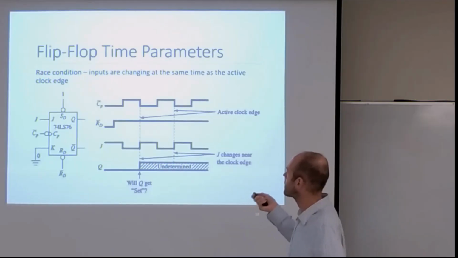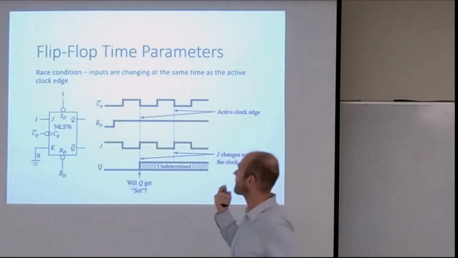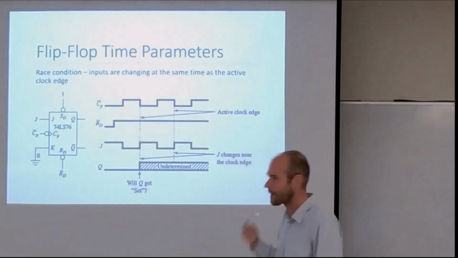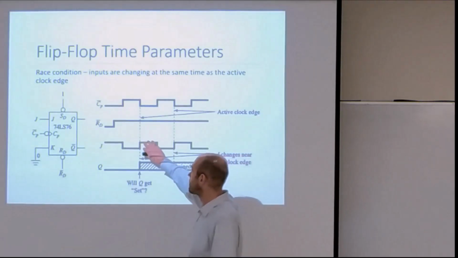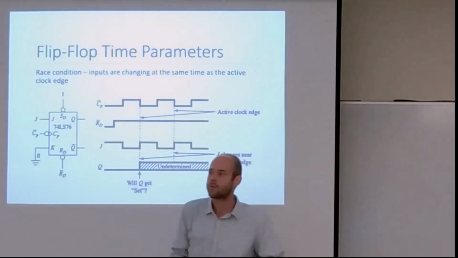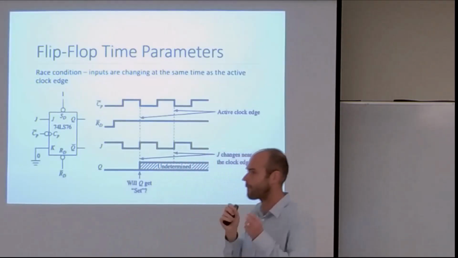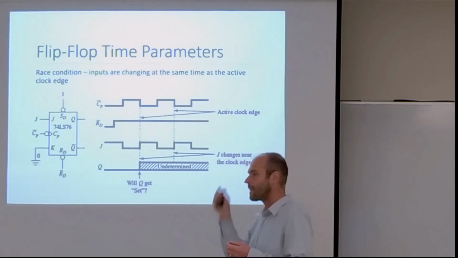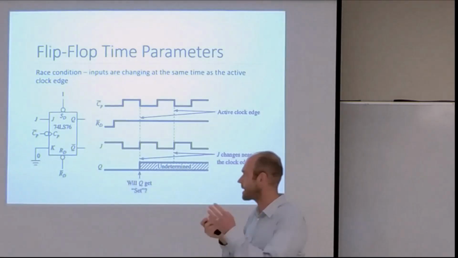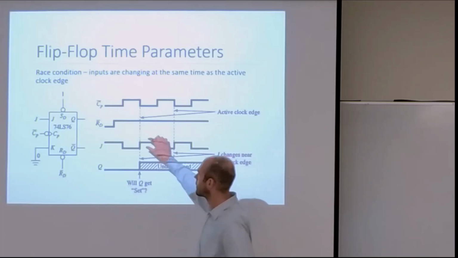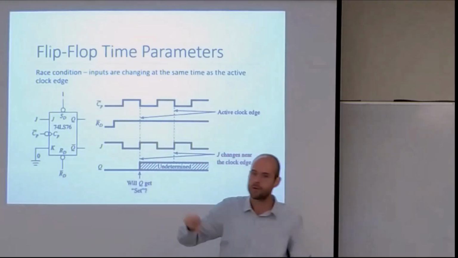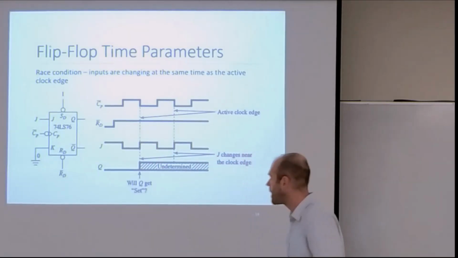A race condition means the inputs are changing at the same time as a clock edge, so we are not able to determine for certain if it's going to take the previous value or the next value, because we had a change right at the clock edge. So that's referred to as a race condition.